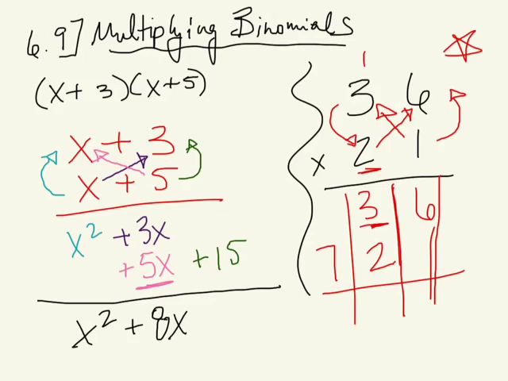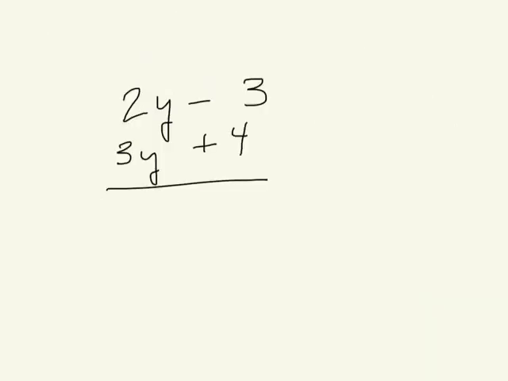Don't put positive 8x squared. You're just combining like terms. Then you got positive 15 plus nothing is just a positive 15. There's your answer right there. Okay, let's show you this one right here.